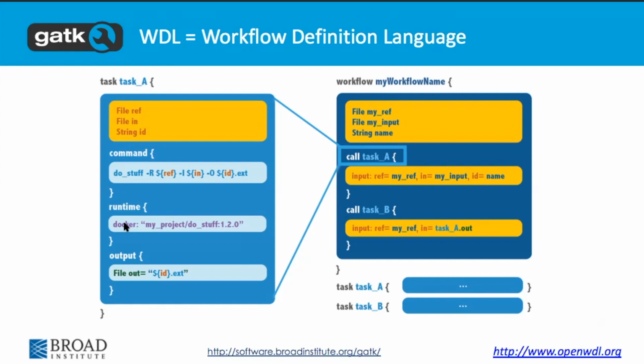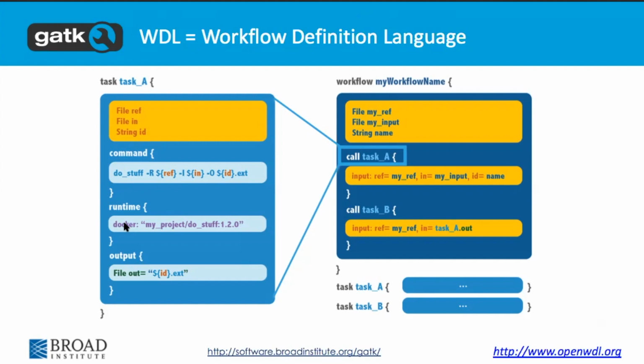There are several types that you can find in the WDL documentation that are supported, and this will correspond to your JSON input. So the stuff that you will put in your JSON as input to your workflow, as you will see later, will correspond to these for the most part.